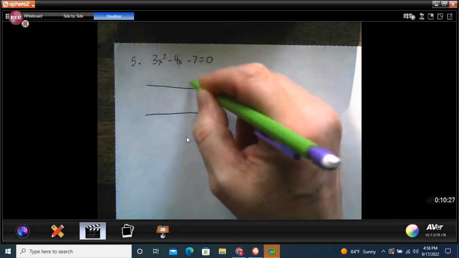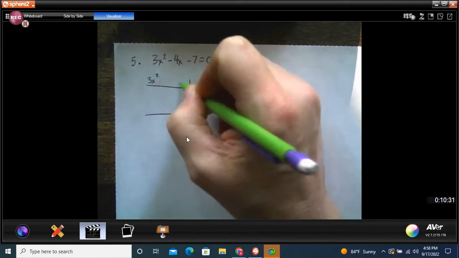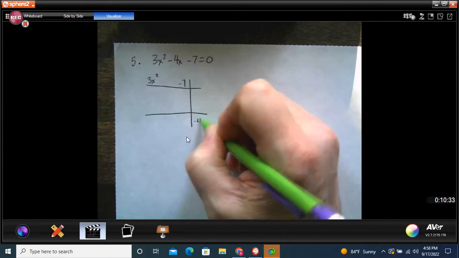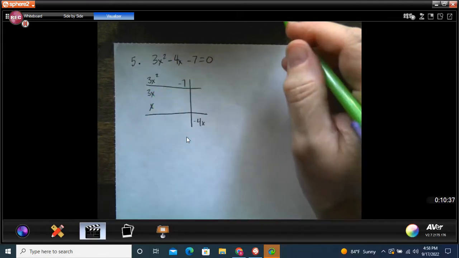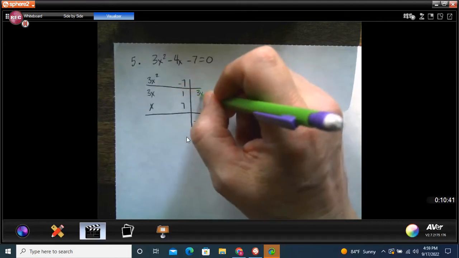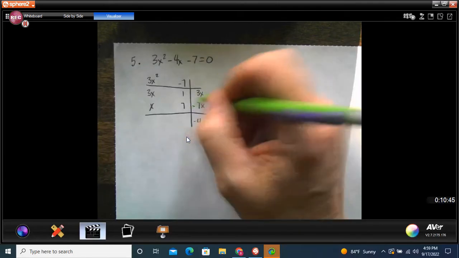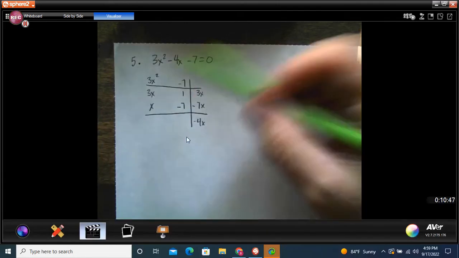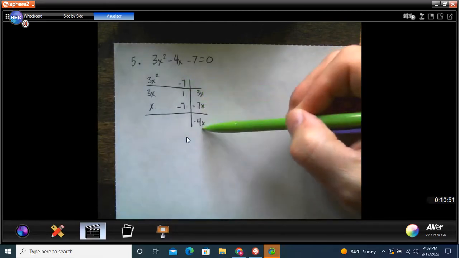If you want to put it in a factor puzzle, you can. 3x squared, negative 7, negative 4x. It's going to be 3x and x. I think if I put the 1 here and the 7 here, that gives me 3x and 7x. And I think I want the 7 negative. And then I check it. That works. That works. That works.